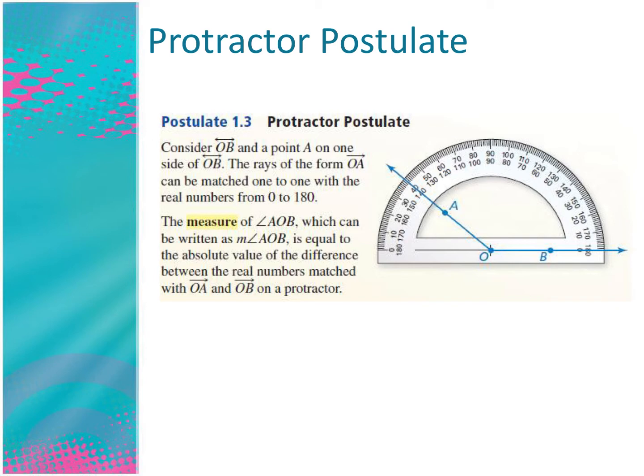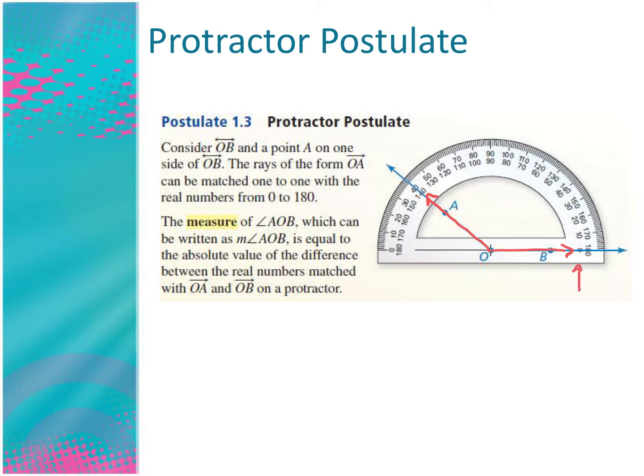You would start over here at 0 when it points to the right. Then for the other ray forming this angle, OA, we would use the inside numbers to find the measure of this angle.